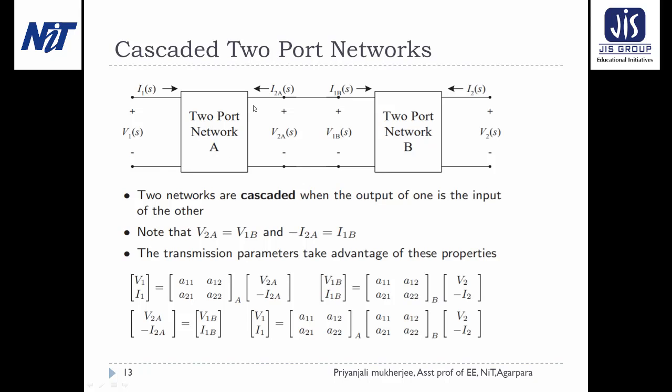That means when two networks are connected in cascade, and it is the ABCD network, then the ABCD parameters are multiplied. So in this way, we can combine two different networks in a single connection.